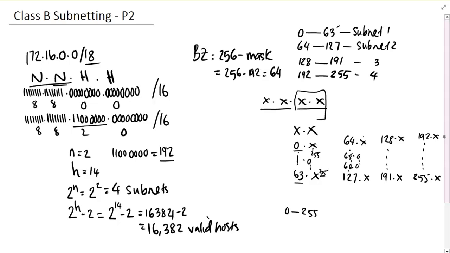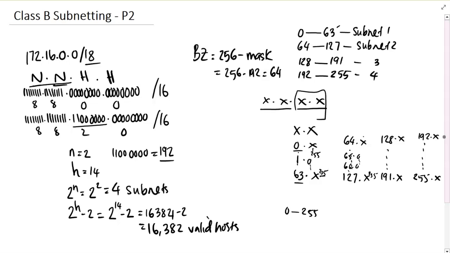And then 127 will become 128 because the last octet became 255. It made this one 128.0. If the 0 goes all the way to 255, then this becomes 129.0. That 0 will continue until it reaches 255. The 129 then becomes 130. That will continue until it reaches the end of the subnet, which is 191.255.